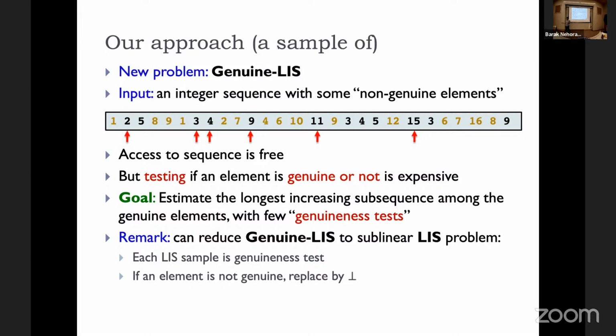But if the fraction of genuine elements is bigger than n by p, then after p samples, I'll see some genuine elements. But yes, you're right, the fraction of how many genuine elements there are will be important, and that leads basically to two approaches for solving this problem. Yes, the length of the LIS is a lower bound on the number.